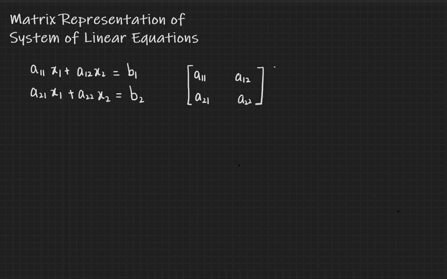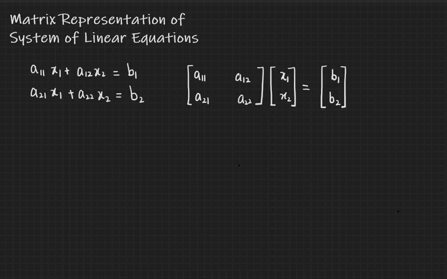This matrix is multiplied by a vector whose entries are these variables x1, x2, is equal to another vector whose entries are the constant numbers on the right hand side of these equations, b1 and b2.